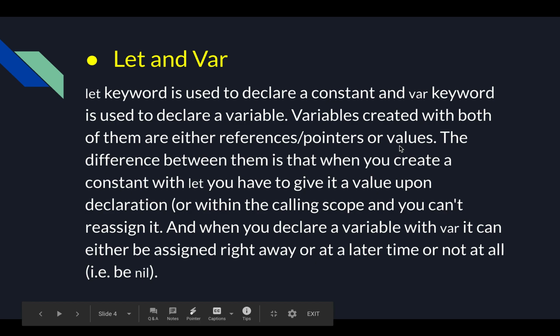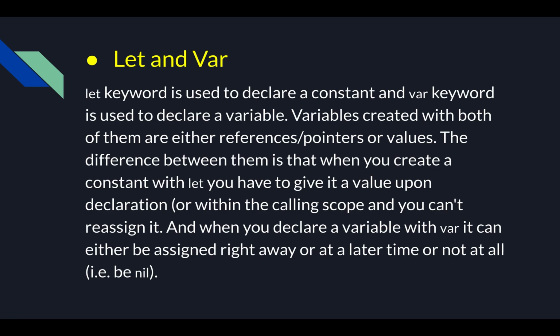The definition part one more time, once again. What is a let and a var? The let keyword is used to declare a constant and the var keyword is used to declare a variable. Variables created with both of them are either a pointer or value. The difference between them is that when you create a constant with the let keyword, you can give it a value upon declaration or within the calling scope and you cannot reassign it.